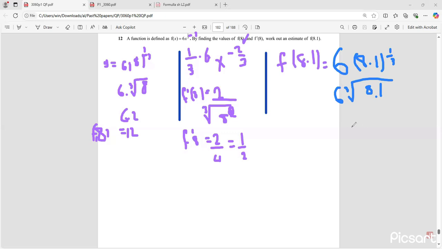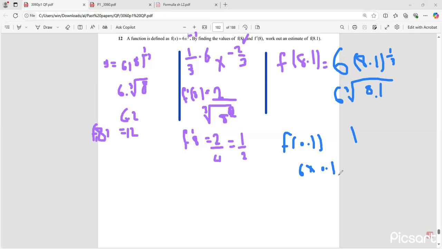Okay, so here 8.1, so actually the cubic root of 0.1, which can equal to, it will be equal to 6 multiplied by the cubic root of 0.1, which is already 0.1.